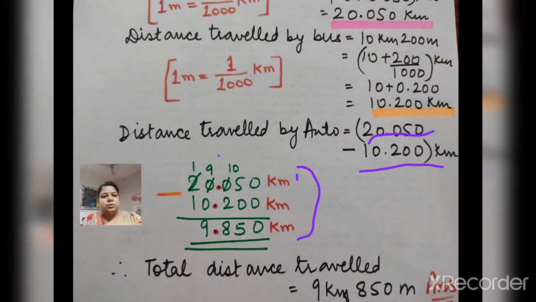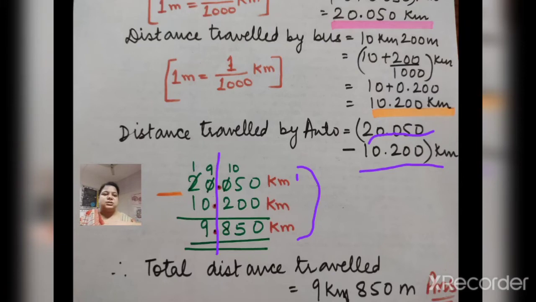So we have done the simple subtraction. Again, while doing the subtraction of decimals, you have to set the decimals so that decimal should be below the decimal. So you got 9.850 kilometers. 9.850 means 9 is whole kilometers and 850,000th of a kilometer, which means 850 meters.